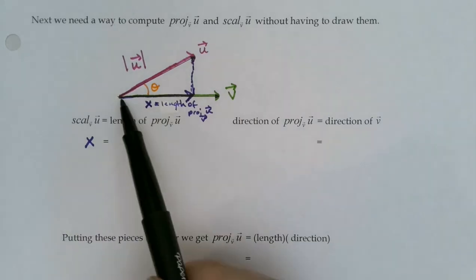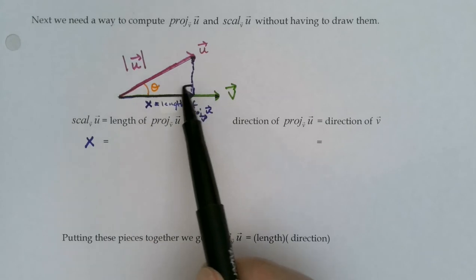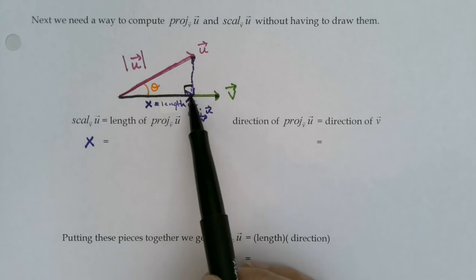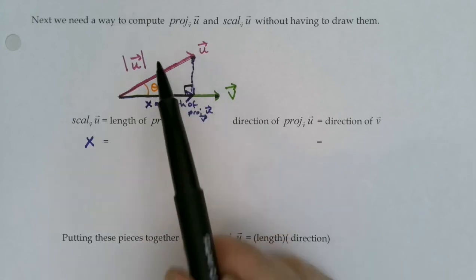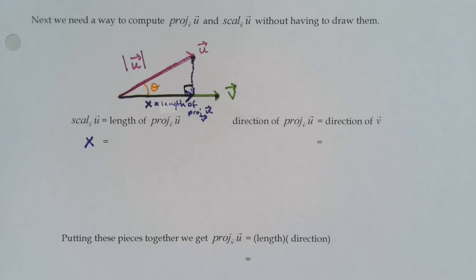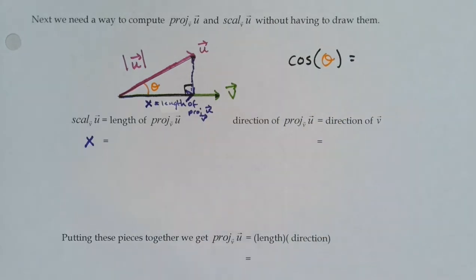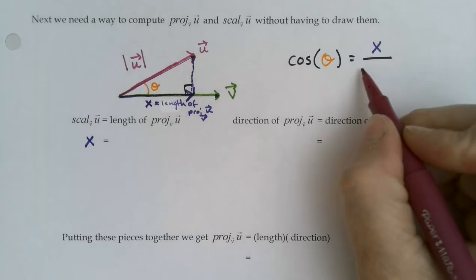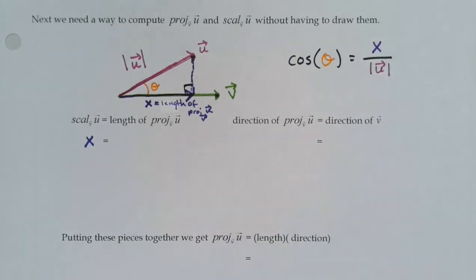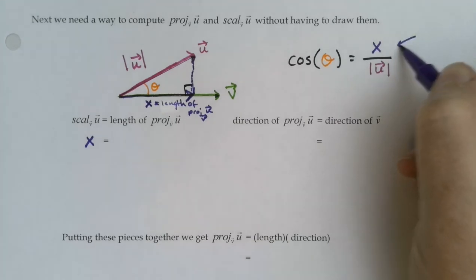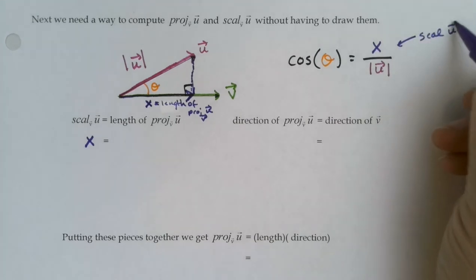I know that because there's a right triangle right here, the cosine of theta would be x, which is the scalar piece, divided by the hypotenuse, which is the magnitude of the u vector. Gotta love that trigonometry.